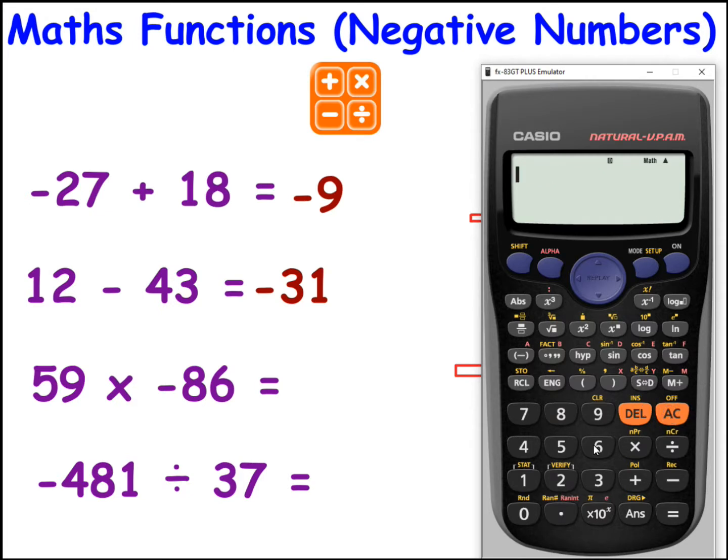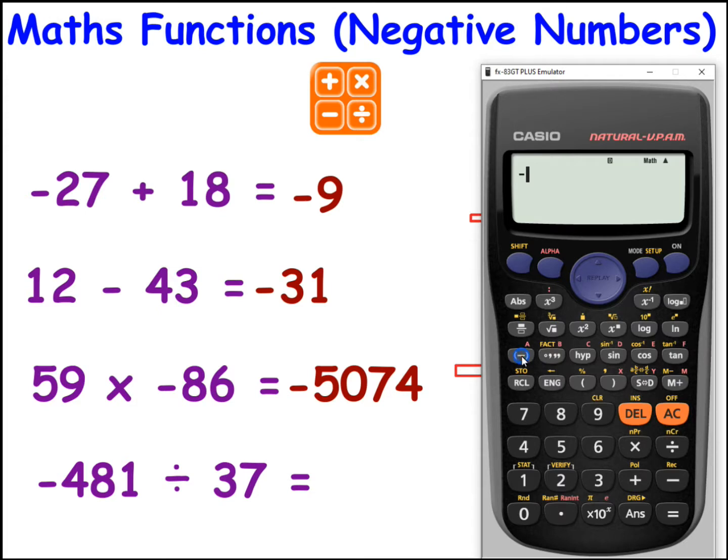The next one, we have positive 59, and we're going to multiply it by the negative number 86. So this sign here is negative, and it's a negative 86. And we press equals to get our answer of minus 5,074. And the final question, we have a negative number of 481.